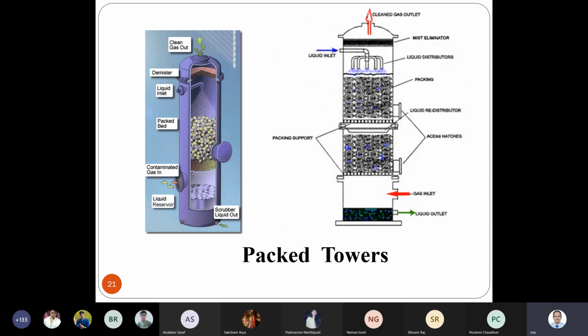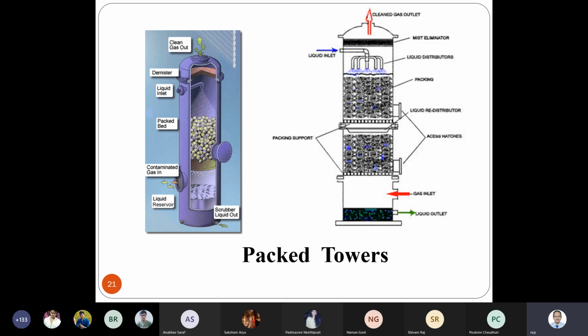So the flow area for gas is reduced in this case. So we have a relatively higher pressure drop for the gas phase when we use these random packings, right, instead of regular packing.